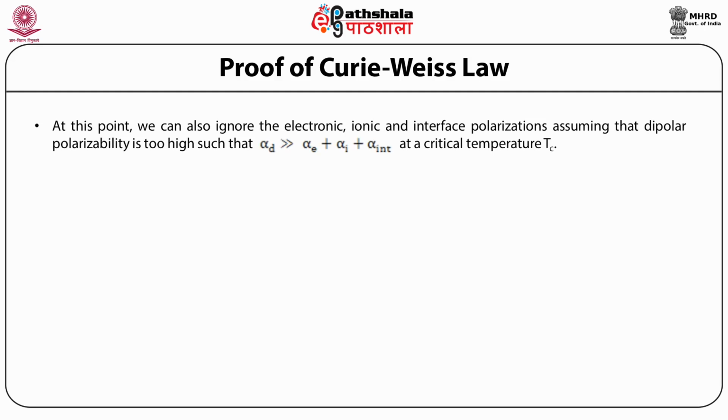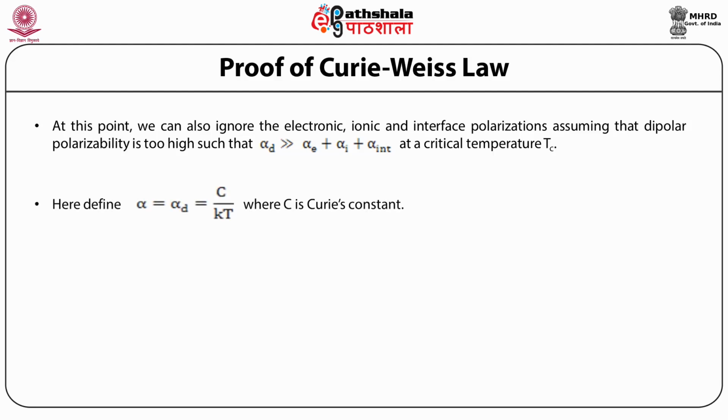At this point, we can also ignore the electronic, ionic and interface polarizations, assuming that the dipolar polarizability is so high that alpha D is very much greater than alpha E plus alpha I plus alpha int at a critical temperature Tc.